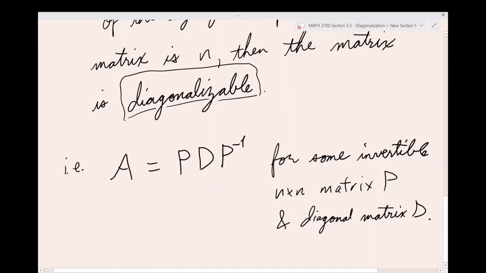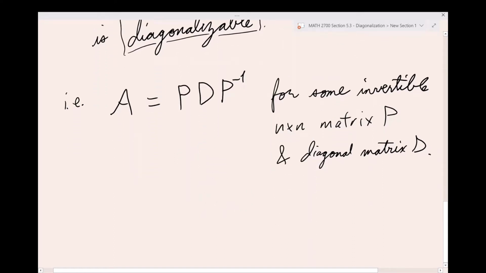And in fact, we can know an option, one of potentially many options, for such a diagonalization of that matrix.